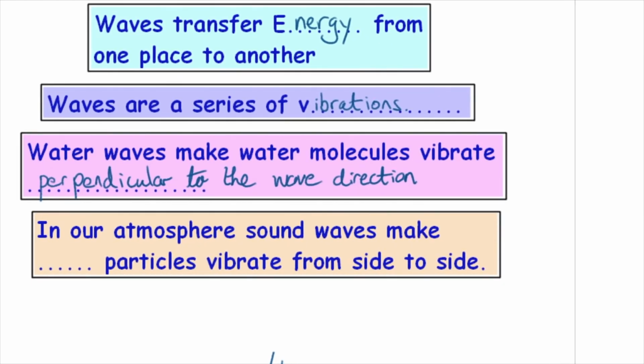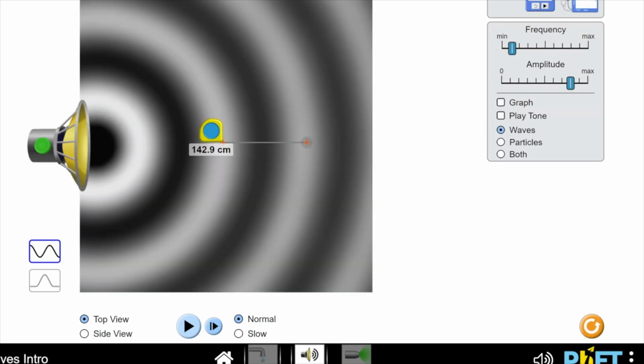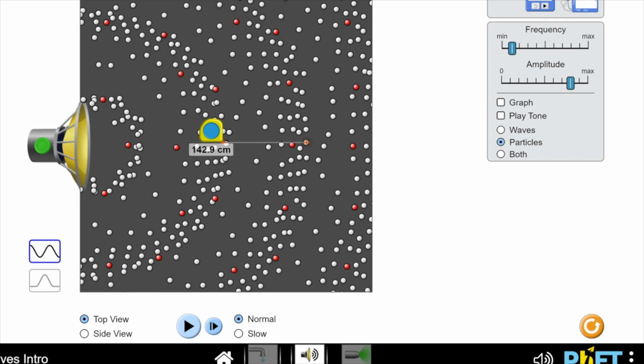In our atmosphere, sound waves make air particles vibrate from side to side, something we will be learning about if we look at sound waves again in terms of particles.